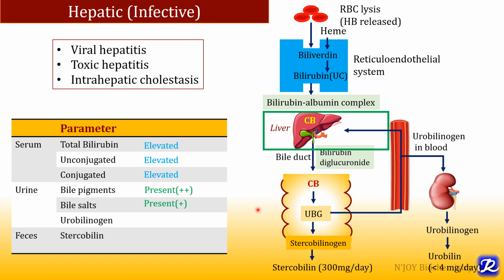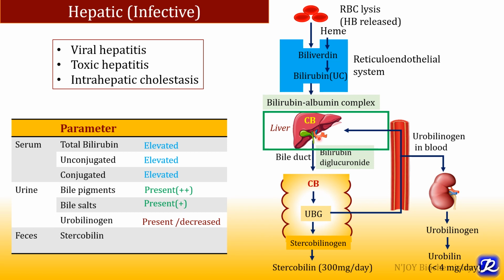What will happen to urobilinogen? In the early stages it is present, but in the later stages, if obstruction sets in due to intrahepatic bile duct obstruction or obstruction to the bile flow, then urobilinogen cannot be excreted in the urine because there will be obstruction to the bile flow.